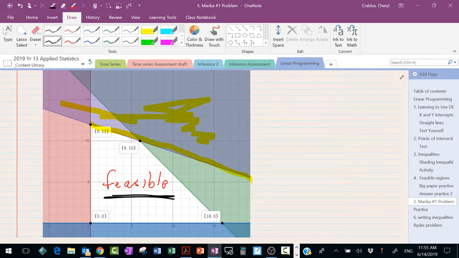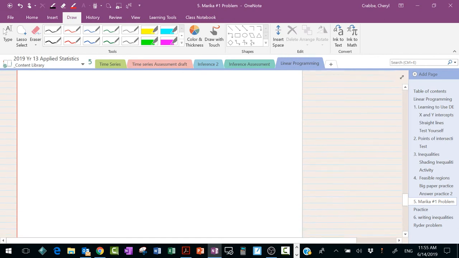This can't be done haphazardly. It has to be done 100% accurately by grabbing some points and accurately drawing the graphs. The straight lines have to be drawn 100% accurately with a ruler. Then you shade out so that your feasible region is a blank space, and then identify your vertices. So that's all done, and then you do your graphing.